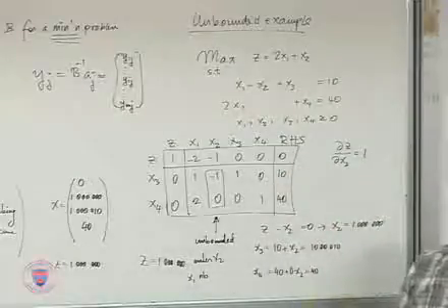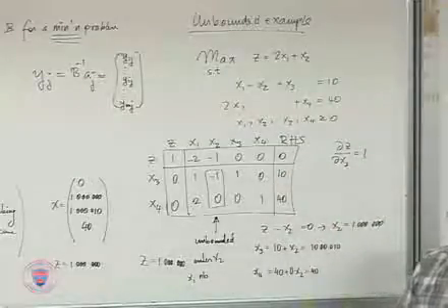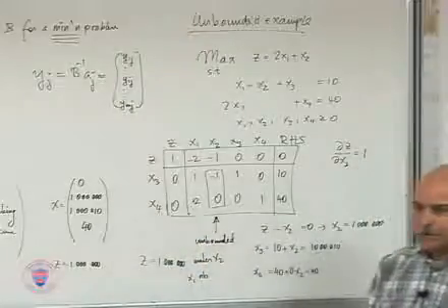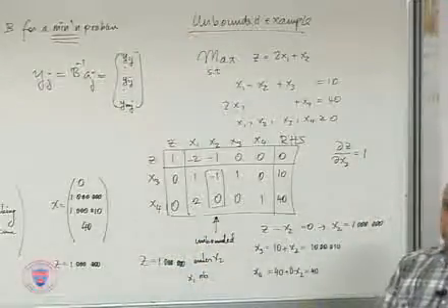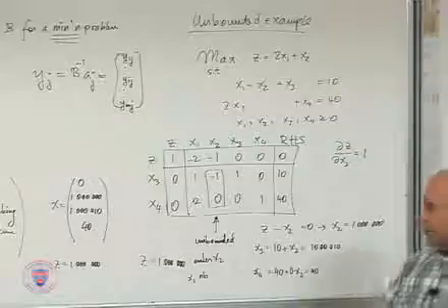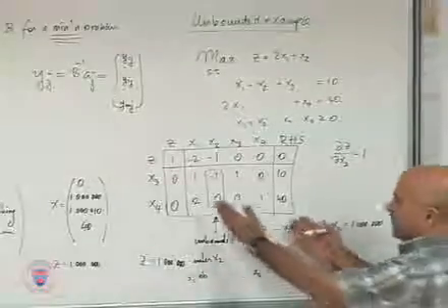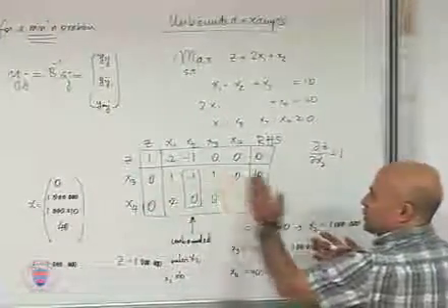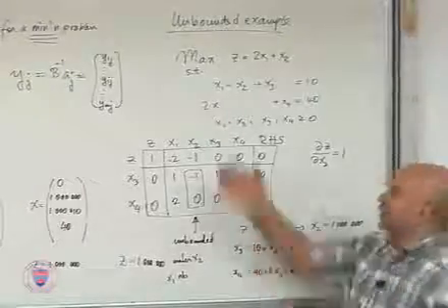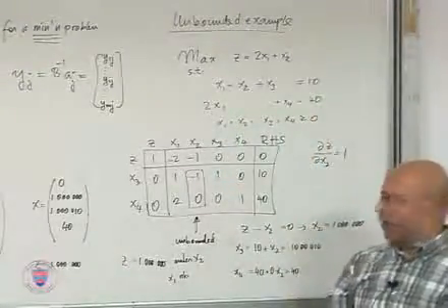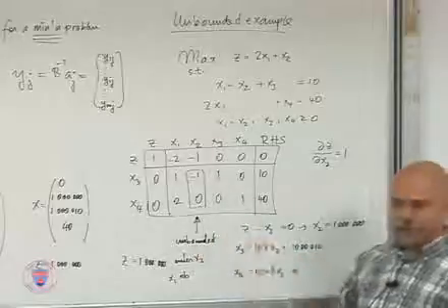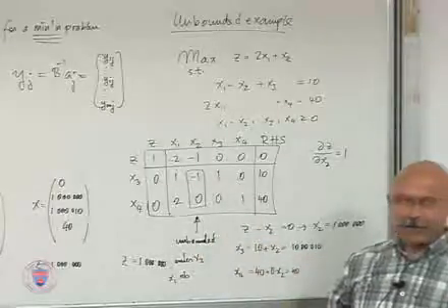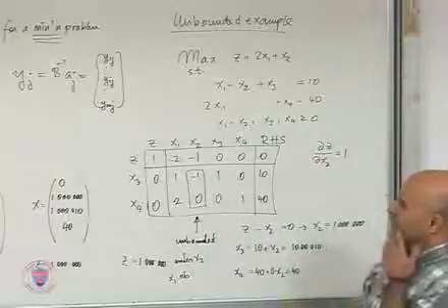Is this feasible? Do you think this is a feasible solution? It is. By construction it is. Because these equations tell you that you're always satisfying the original set of equations. And non-negativity is also satisfied, so it is feasible. Okay?